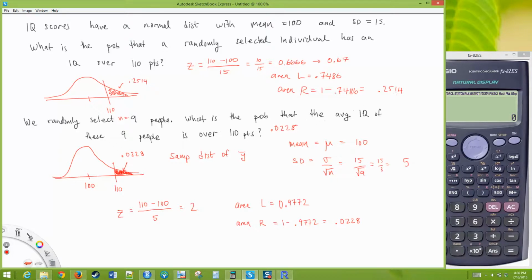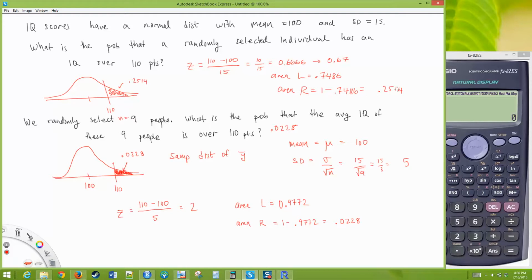Whereas before, when you selected an individual, about 1 in 4 people, about 25%, have an IQ over 110, if you take 9 people selected at random, the probability that the average of the 9 people is over 110 is much smaller. Now it's only about 2.3%.